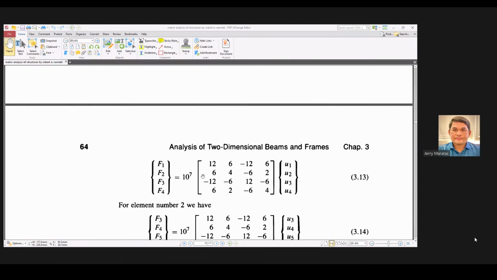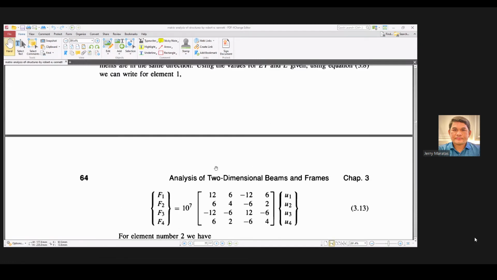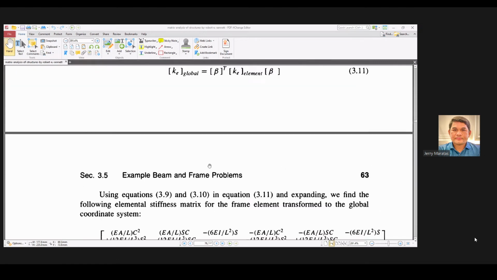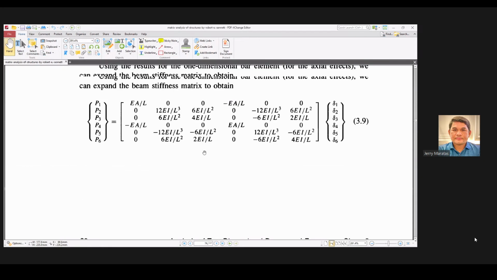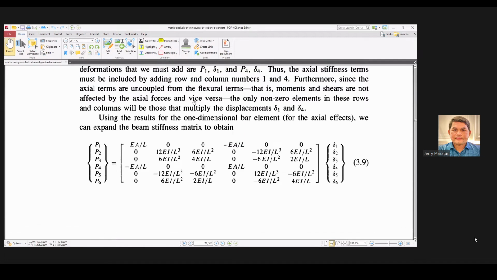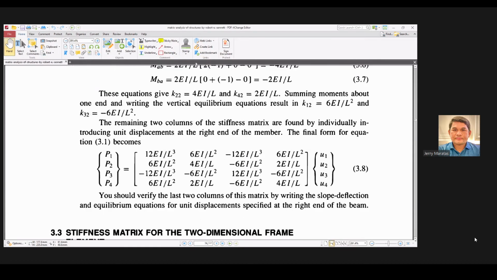For element 1, take note of our K. For example, 12 EI over L cubed, where EI is 1 and L is also 1, so that makes it 12. For this other term, EI is 1 and L is 1, so it is 6.